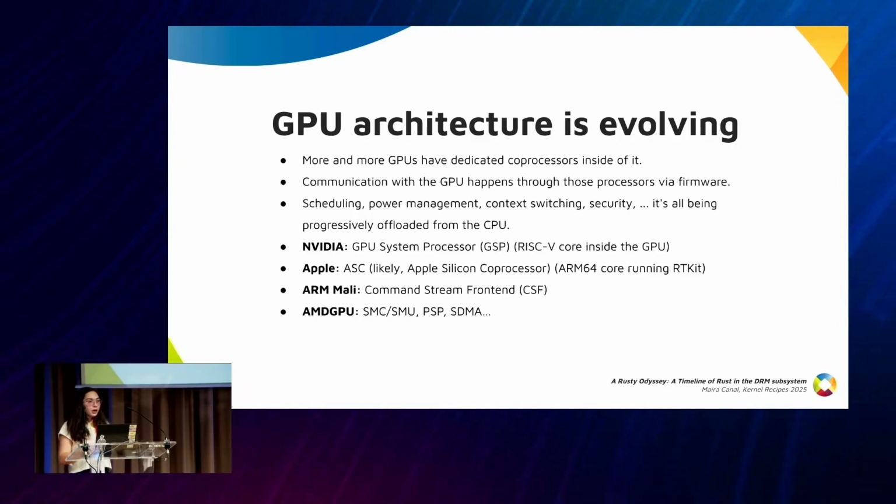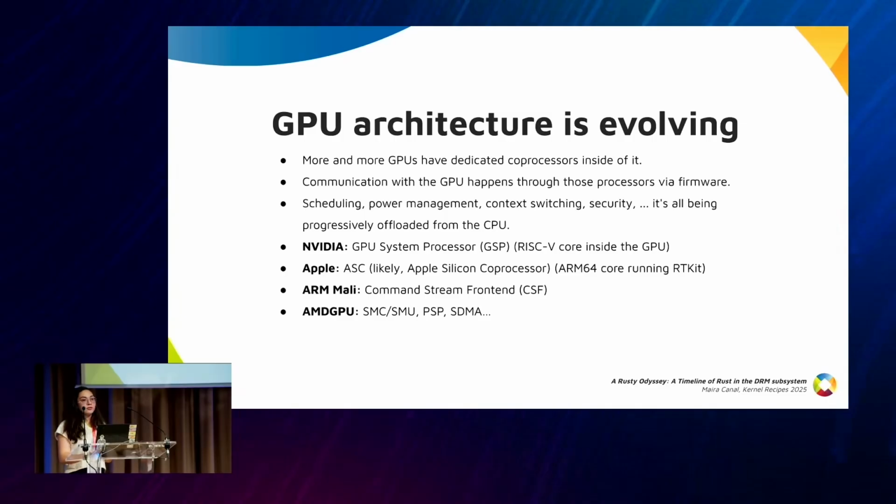And this means that a lot of stuff that used to happen in our host CPU, like scheduling, power management, context switching, security, all of that is moving from our host CPU to the coprocessor in the GPU. You can clearly see this trend at the moment, because NVIDIA has the GSP, which is like a RISC-V core inside the GPU.